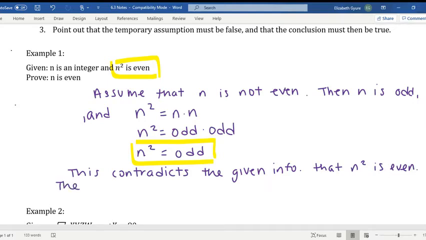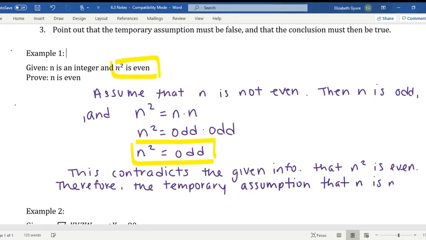Therefore, the temporary assumption that n squared, or I'm sorry, that n is not even must be false.